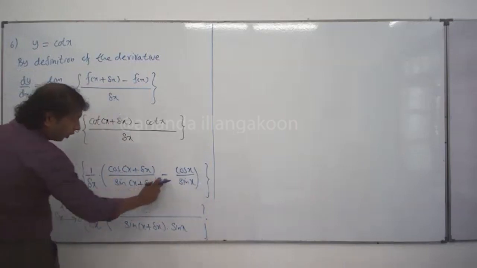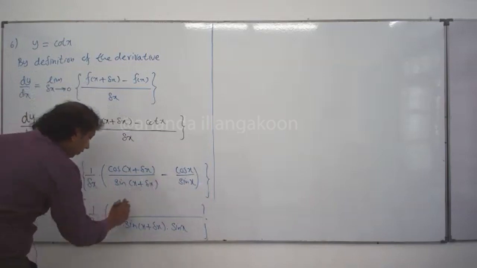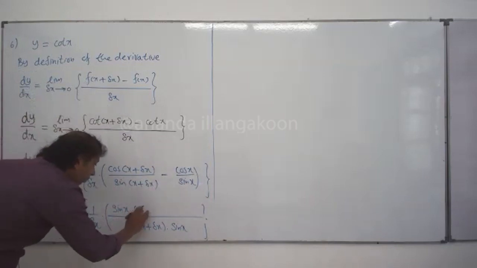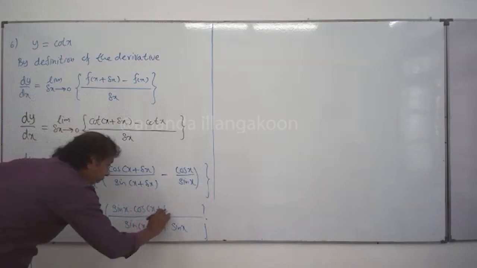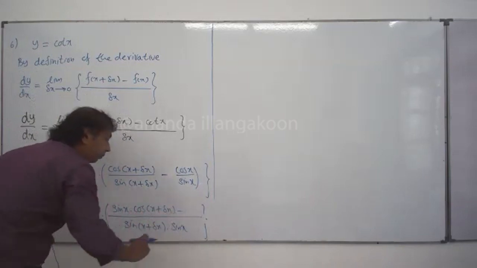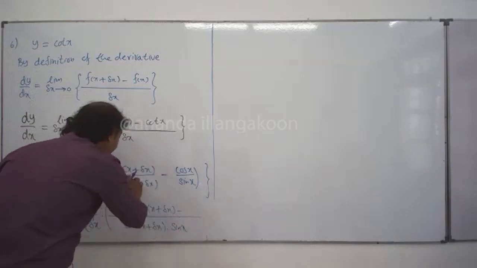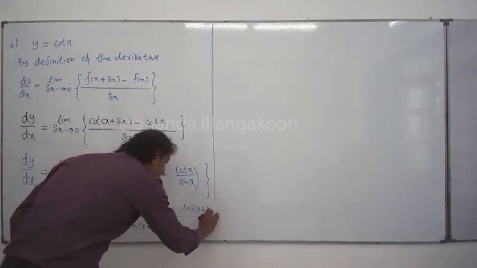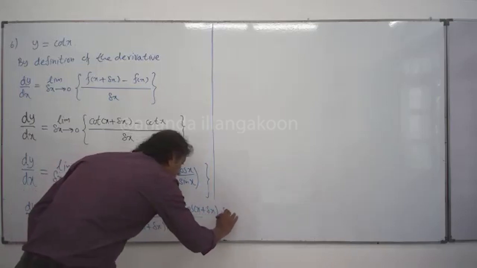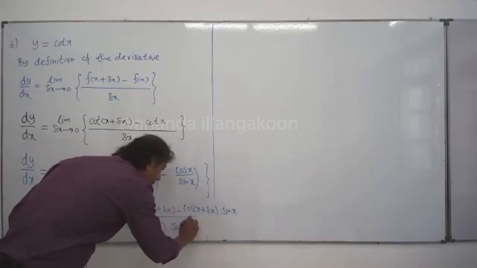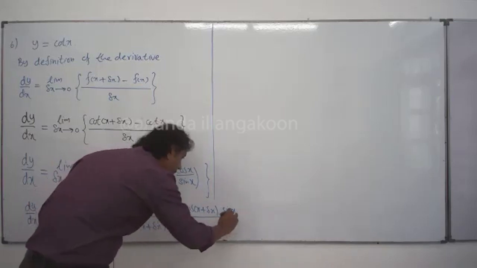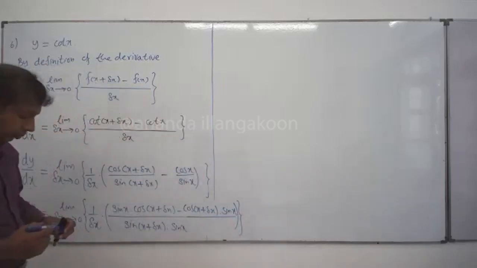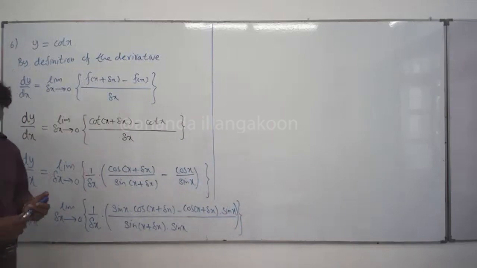By this sin(x plus delta x) you should multiply this. Then what do you get there? Sin x times cos(x plus delta x) minus cos x times sin(x plus delta x). This way. Okay.